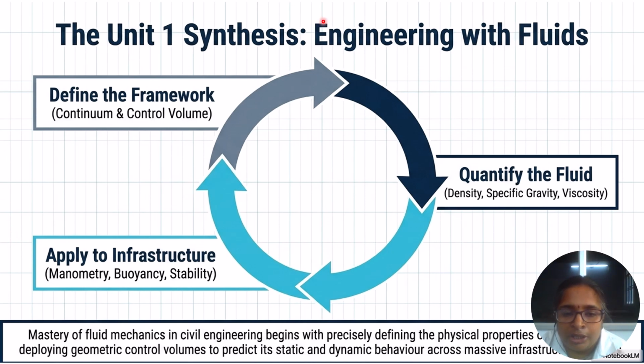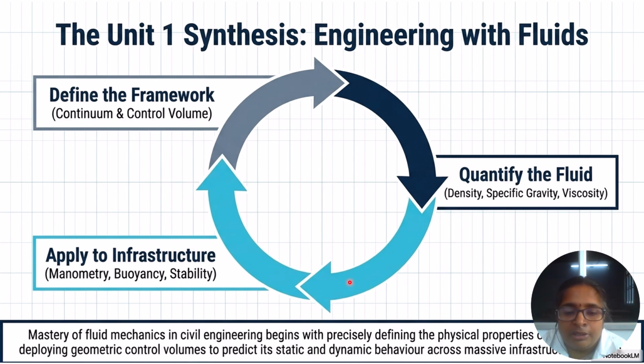The last slide gives you the overall framework of this unit. The first thing is defining the framework, that is, continuum and control volume, surface volume approach, and the methods called Eulerian approach and Lagrangian approach. Next we quantify the fluid, that is, we dealt with some basic terms: density, specific gravity, viscosity, specific weight, likewise.